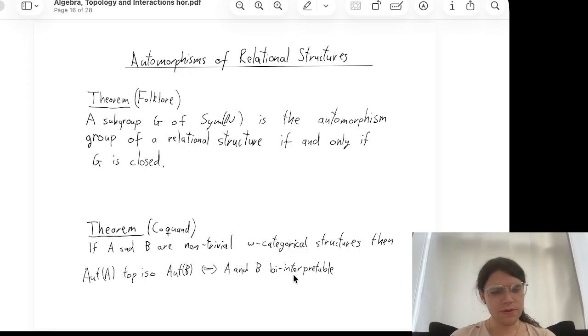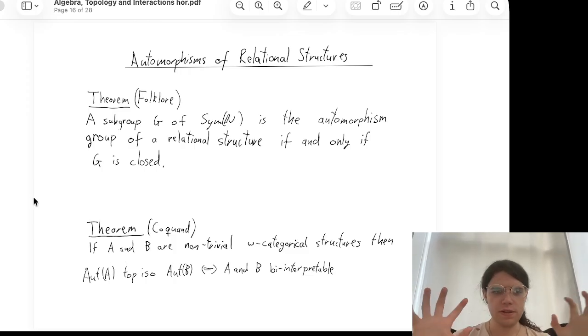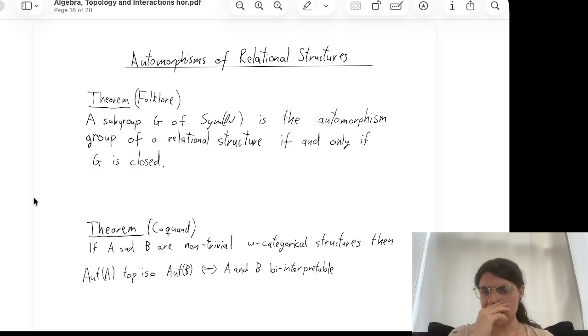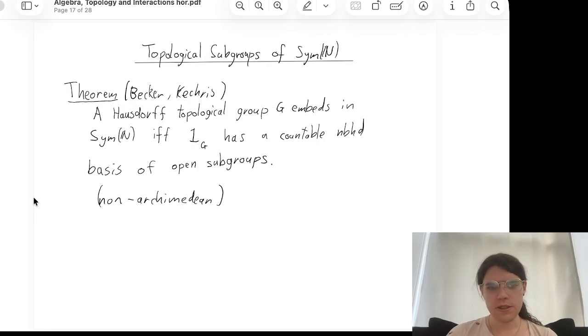This is sort of even cleaner than the previous results about endomorphism monoids. And there's essentially no assumptions on the structures other than being omega categorical. So this is a very powerful correspondence between the topological algebra and the model theoretic structure of the object.